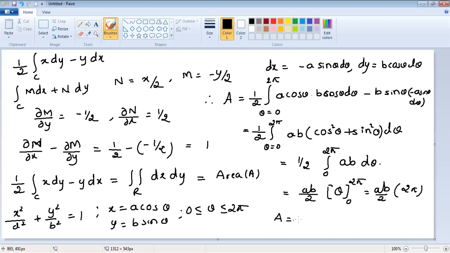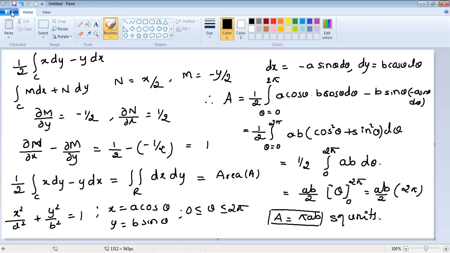So area is equal to pi ab. Area of the ellipse is pi ab square units. Area of the given ellipse is pi ab square units.